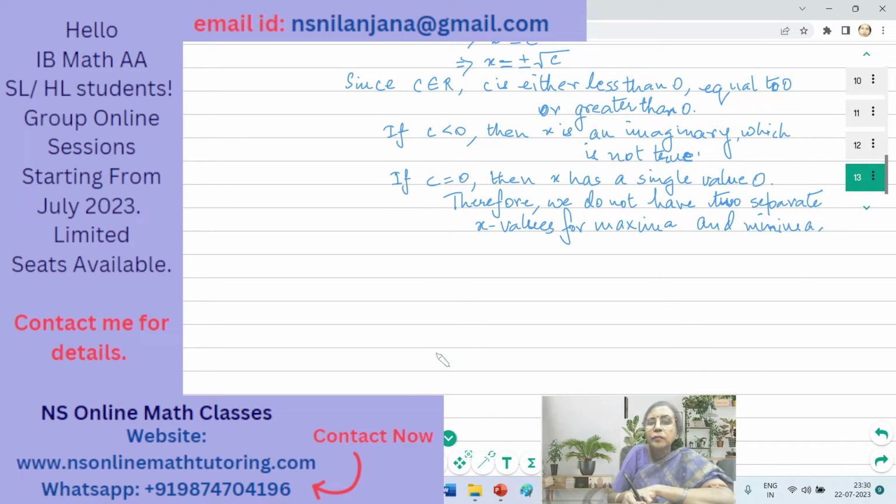Therefore, c equal to 0 cannot be taken.